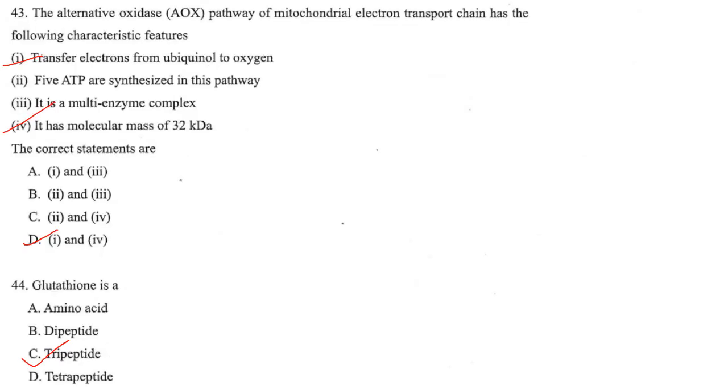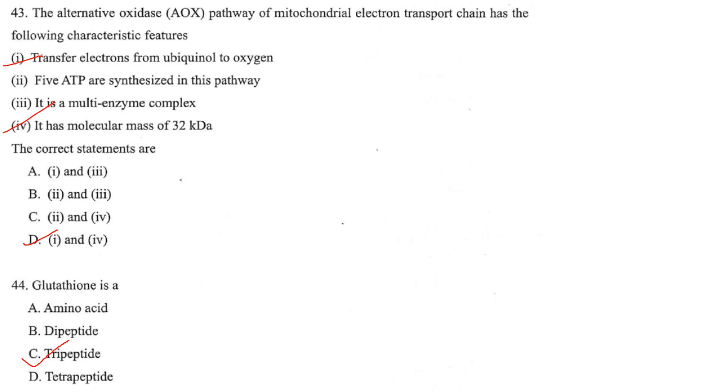Then next one. Alternate oxidase pathway of the mitochondrial electron transport chain has the following features. The correct statements are: the alternative oxidase provides an alternate route for electrons passing through the electron transport chain to reduce oxygen.